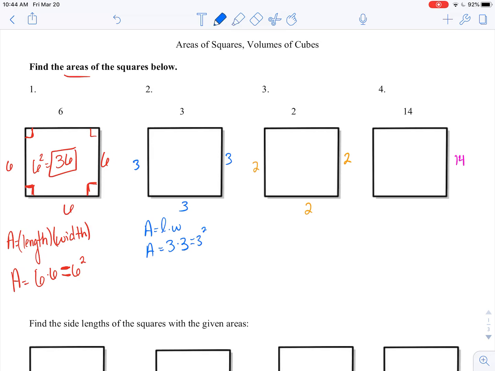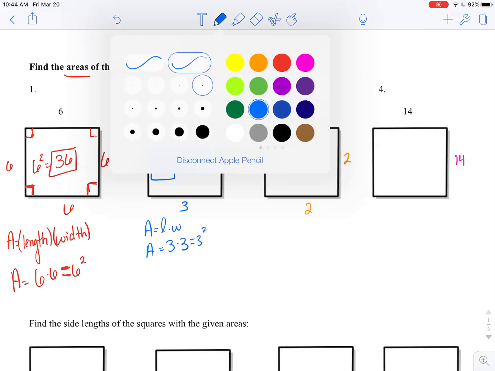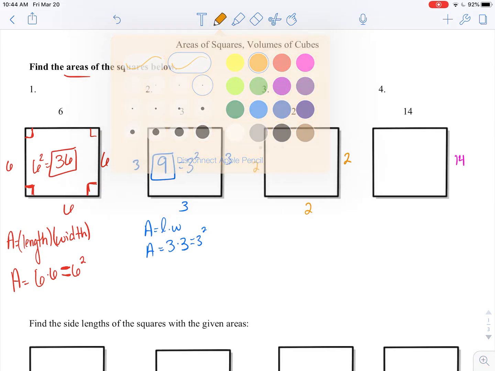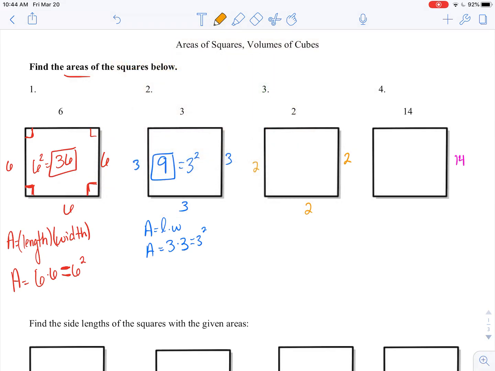And that's why we call it 3 squared, because we're finding the area of a square with the side length 3. So this is 9, or 3 squared. So why don't you guys pause the video and try these last 2 problems. See if you can find those areas.